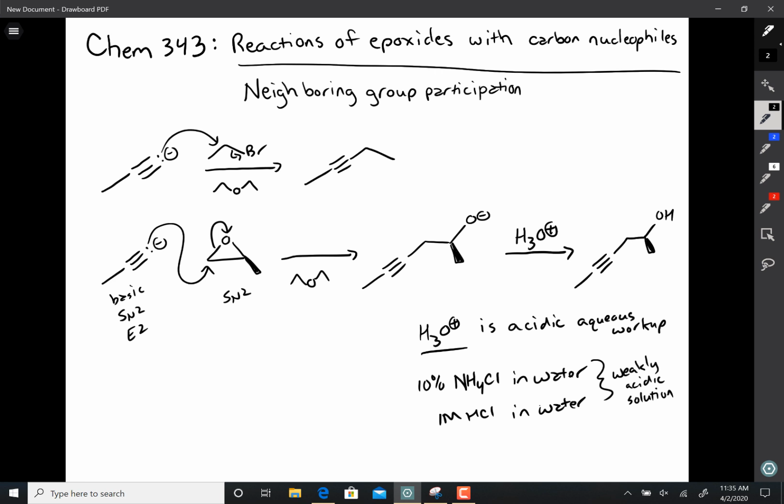Now, the initial epoxides start out as optically active. Again, during the mechanism, the entire process stays chiral, so it's still optically active. Okay. A couple things I want to point out.